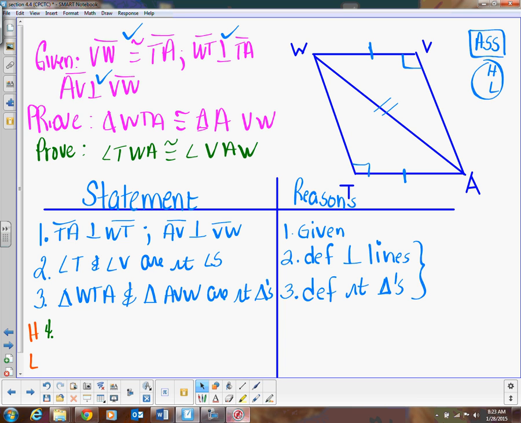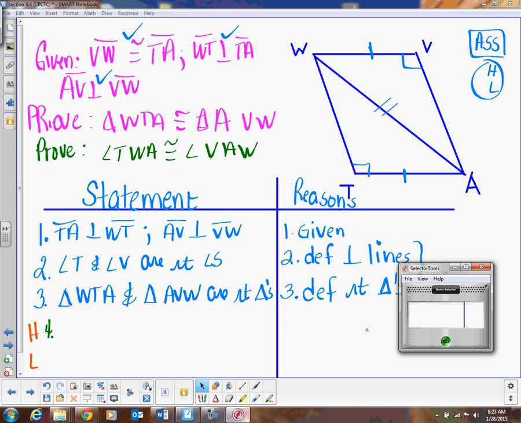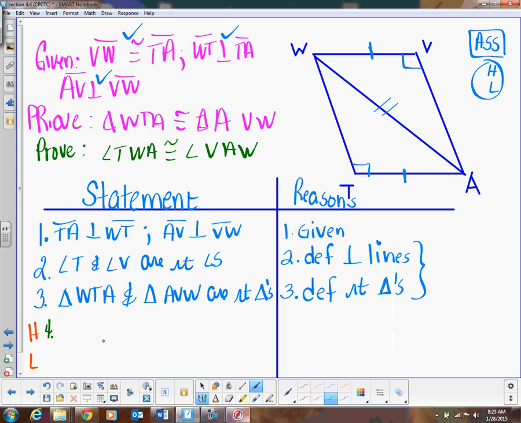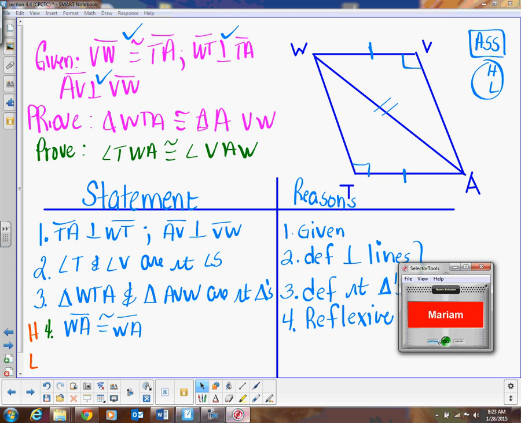All right, so I need a hypotenuse. What would that be? My hypotenuse would be what, Miriam? WA is congruent to WA. Why? I asked Miriam. Well, that was a general. No, Miriam was for this. All right, so now we need the leg justified, and that's going to go to Brian.